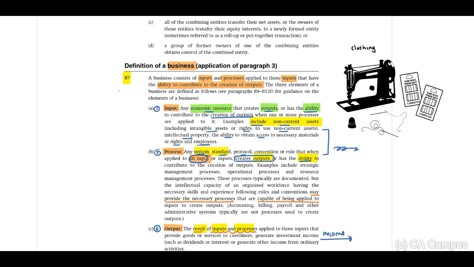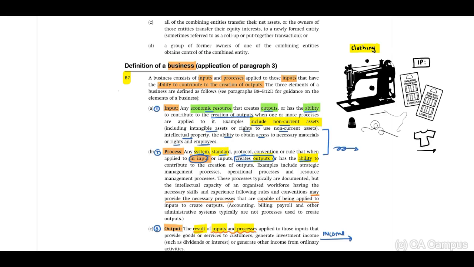Okay, so if we look at a very basic example, guys, we have a clothing manufacturing entity. Now, this clothing manufacturing entity has the machines, right? We have our manufacturing machines. We have intellectual property in terms of certain clothes that can be manufactured. And the output here, guys, will be the clothes being manufactured, and the entity will receive an income from this.